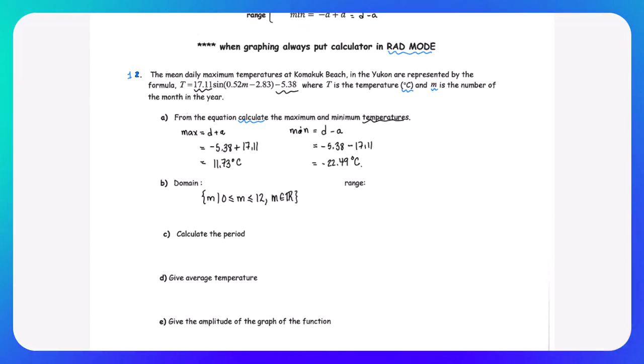Now the range, which is our T, is T such that we go with that minimum value, which is negative 22.49. Let's not put in our units in this part. And T is less than or equal to 11.73. Temperature is also continuous, therefore T is an element of the real numbers.